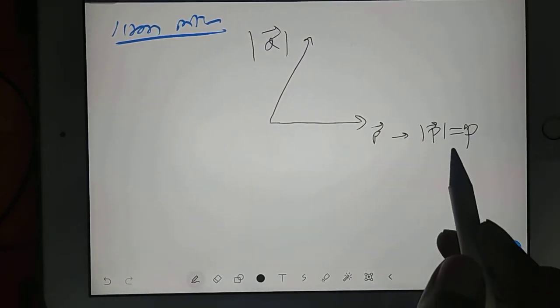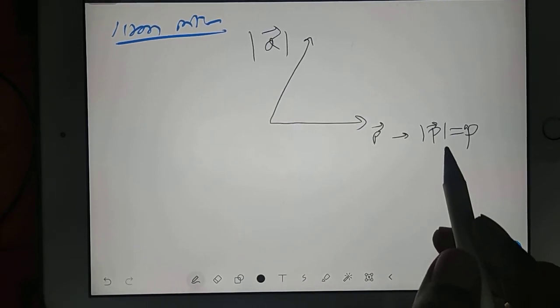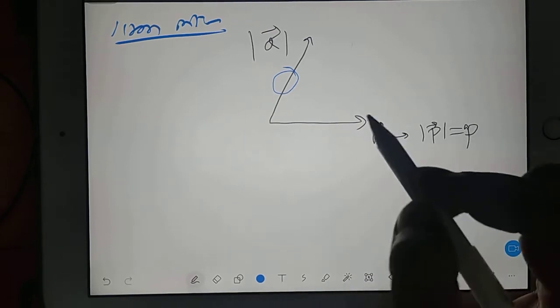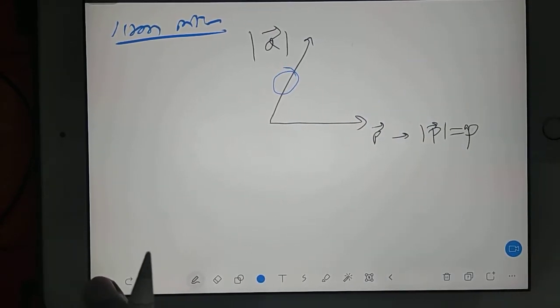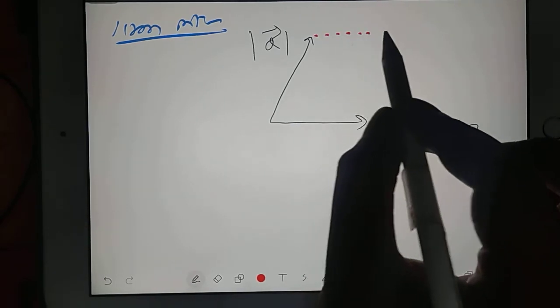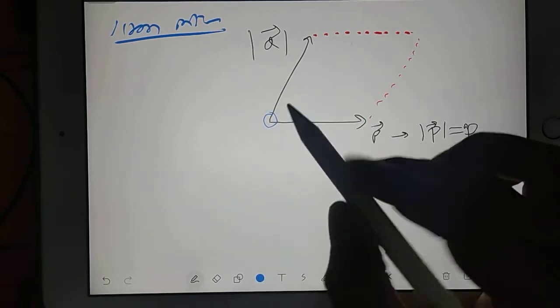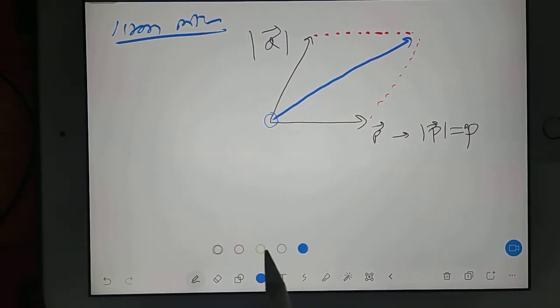Now see the difference between the triangle method and the parallelogram method. In the triangle method, the vector was placed head to tail, but in the parallelogram method both vectors are touching at their tails, right? You draw the dotted lines to complete the parallelogram, and from here to here, this becomes your vector quantity r.